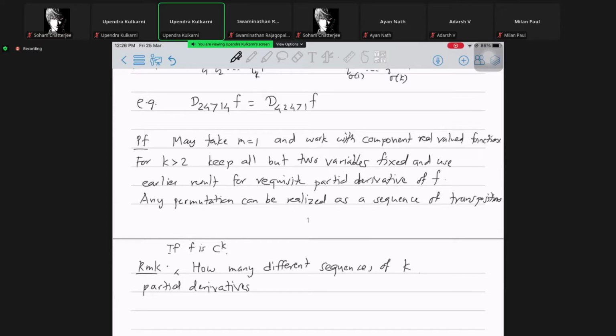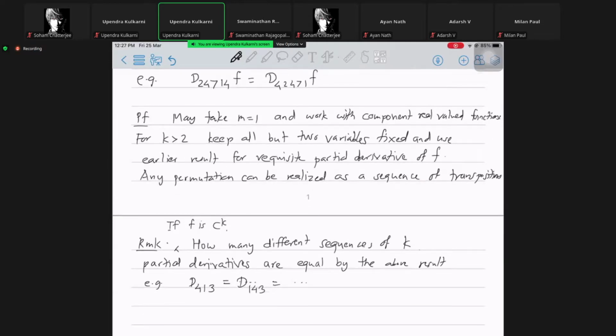So just for example, if I am taking D413, is equal to how many? So for example, this is D143, also, right? So in all, how many such things are there? This has nothing to do with analysis. This is counting. So how many possibilities are there? Come on, this is straightforward. All I'm asking is 3 factorial.